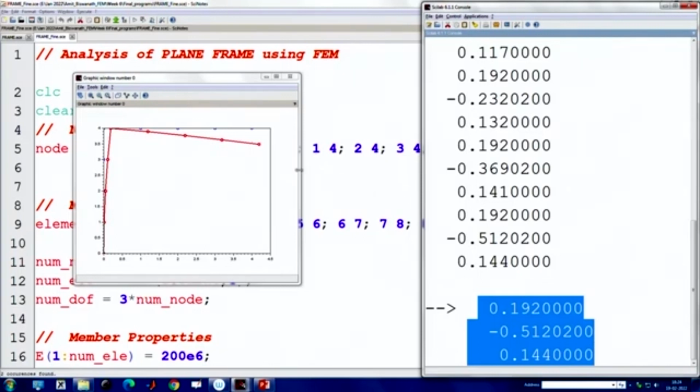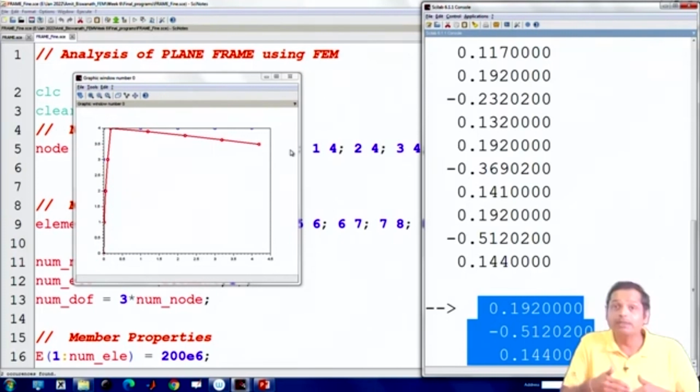Now next we will not do that step here. Next we need to see what happens once we obtain the values at the nodal point. What happens within the element? We know how to approximate, how to compute the deformation within the element. We know how to compute the member forces, bending moment or axial force within the element.